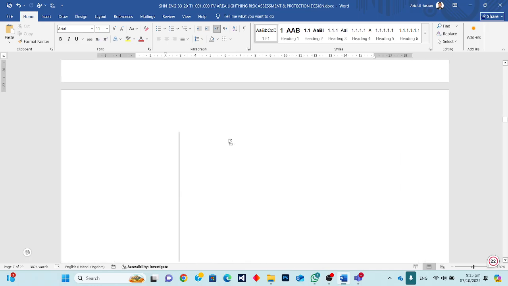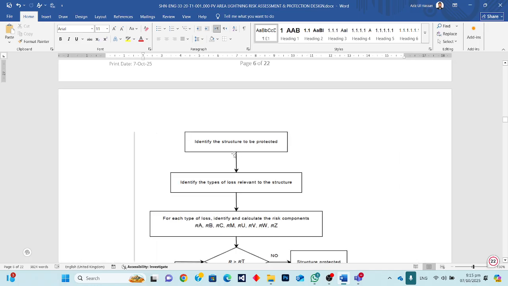First of all, identify the structure to be protected, identify the types of loss relevant to the structure. For each type of loss, identify and calculate the risk components RA, RB, RC, RM, RU, RV, RW, and RZ. First of all, we have to identify.